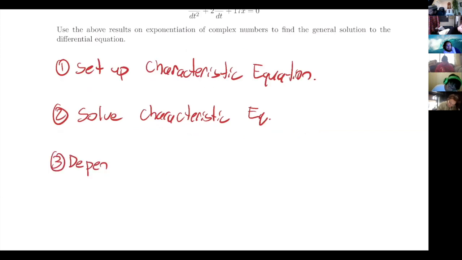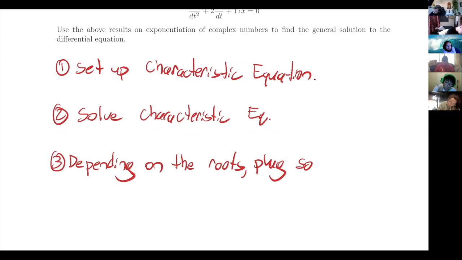And then depending on the roots, whether they're real, imaginary, repeated, we're going to take the solutions that we find to the characteristic equation and plug them into the general form of the solution.